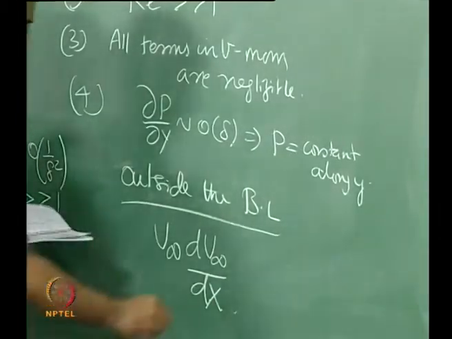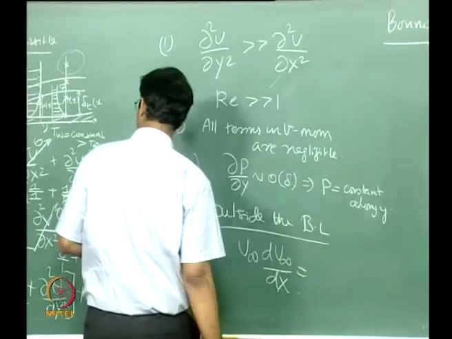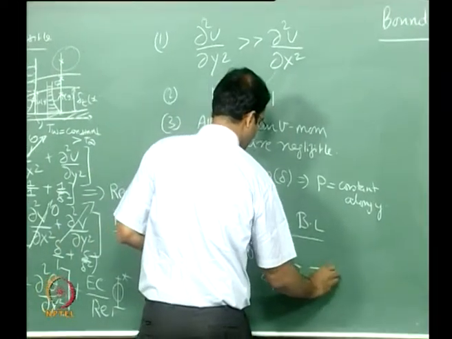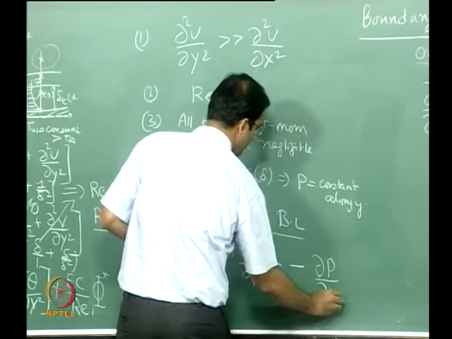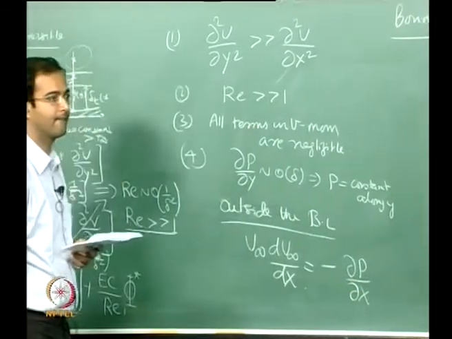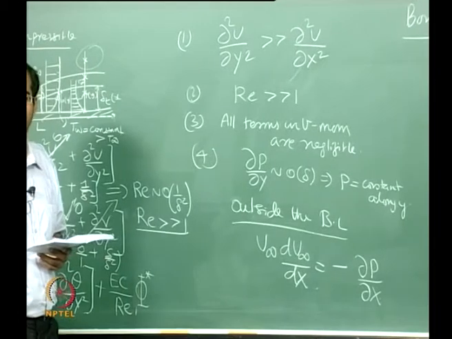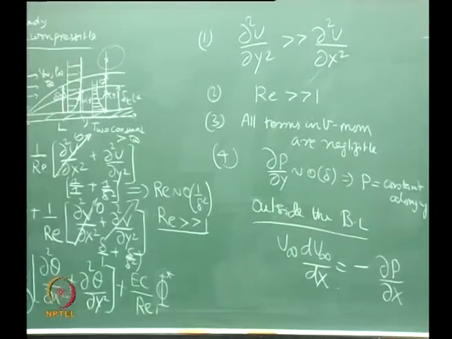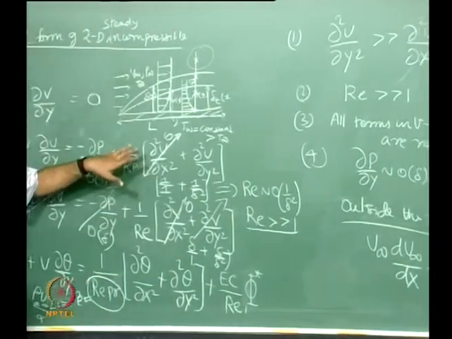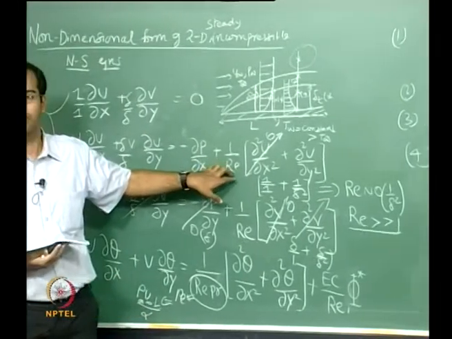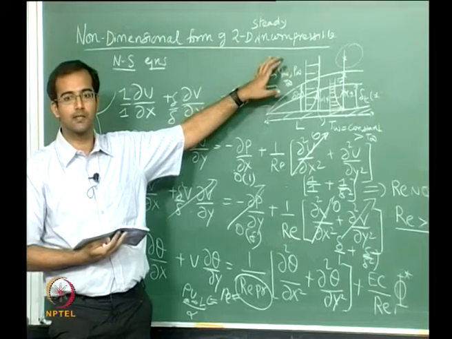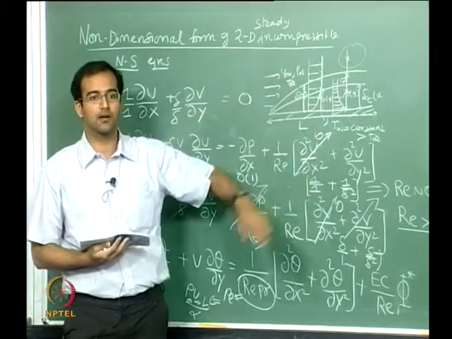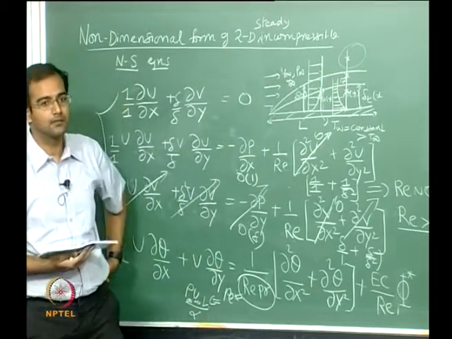That should be equal to minus dp/dx. All of the others are nothing but your viscous effects. If your viscous effects are negligible outside in the free stream, you can safely neglect all of these.